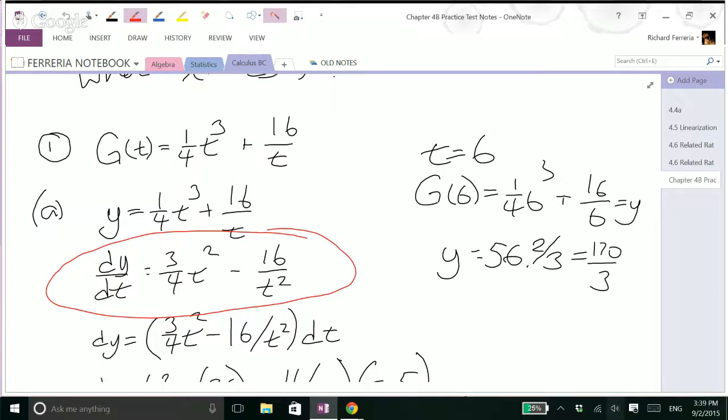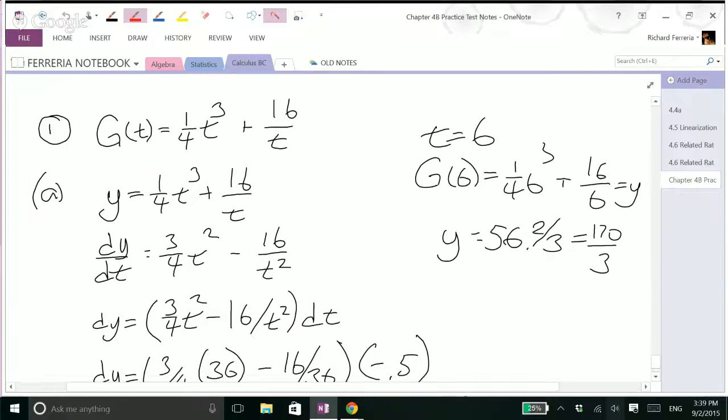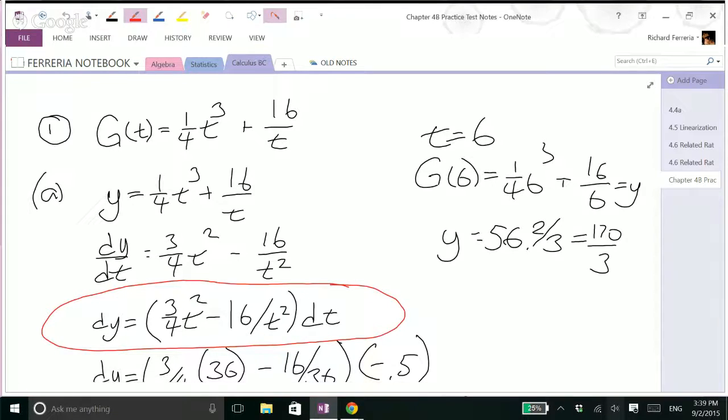After you've found your derivative, you can solve for dy simply by multiplying the dt over to the right side, which is something we should get used to doing. Multiplying that dt to the right side and isolating the dy is going to prove very useful next week, really.